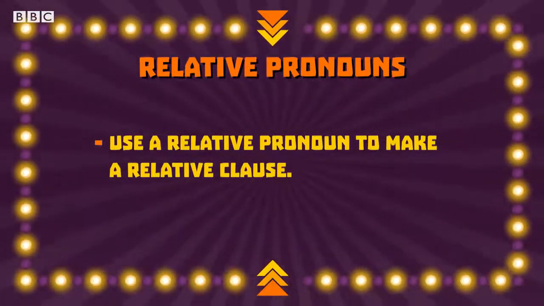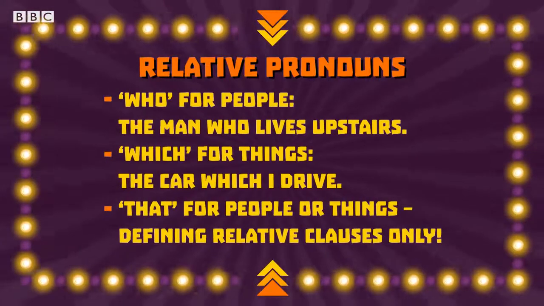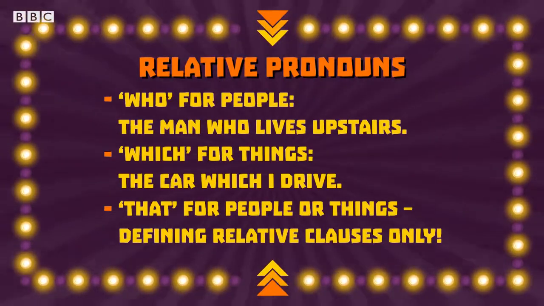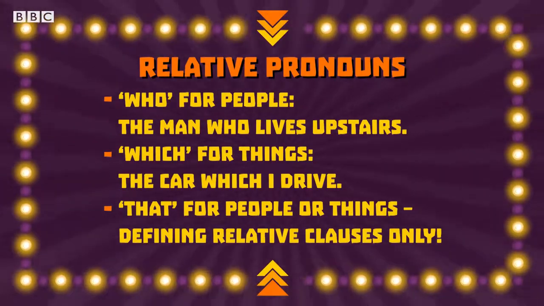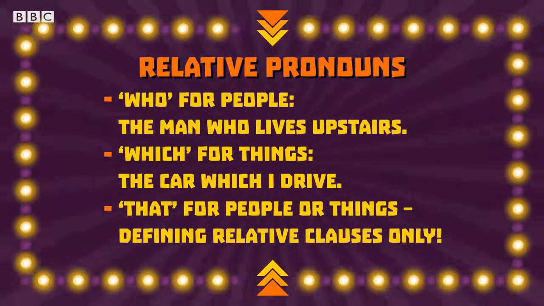They use the relative pronouns who and which. Who is for people and which is for things. However, in this type of relative clause, both who and which can always be replaced by that. Just remember, it's a bit less formal.